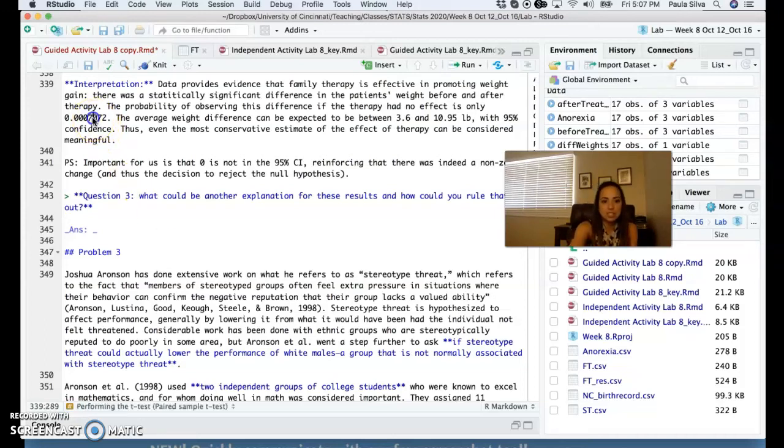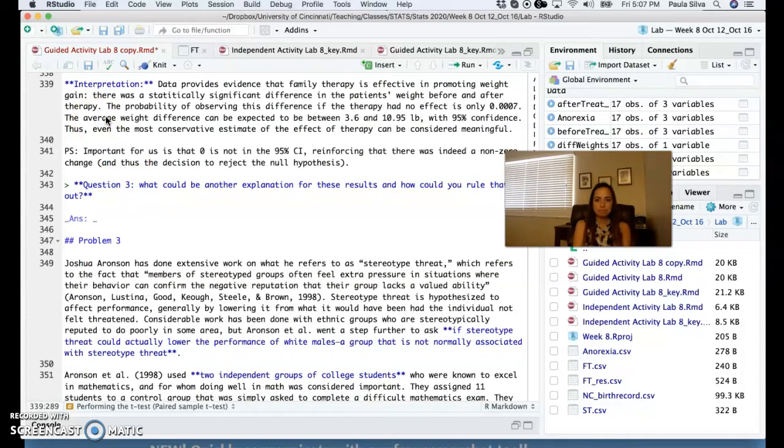You don't even need these many numbers. The average weight difference can be expected to be between 3.6 and 10.95 pounds with 95% confidence. Thus, even the most conservative estimate of the effect of therapy can be considered meaningful. Like 3.6 pounds is not nothing, right?